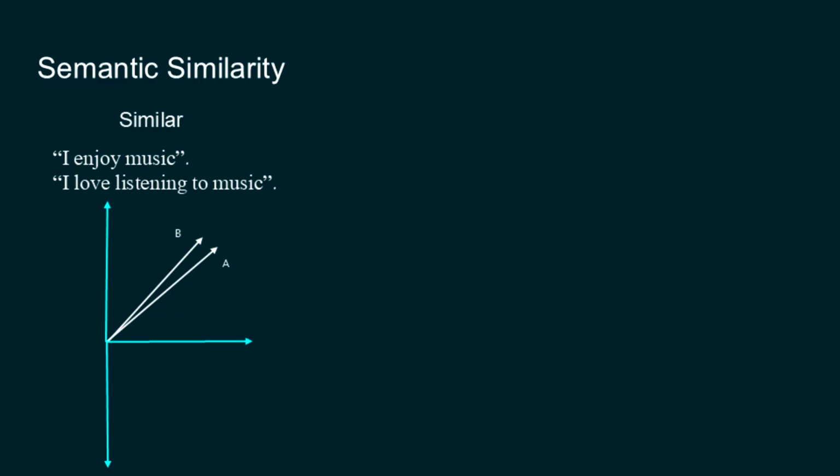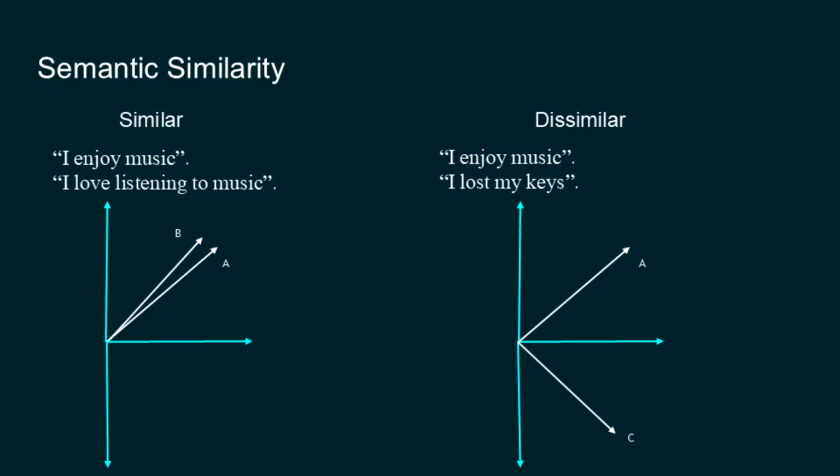For example, "I enjoy music" and "I love listening to music" carry similar meaning. Their vectorized representation will lie closely in the vector space. Whereas for dissimilar sentences like "I enjoy music" and "I lost my keys," their vectors will have a large angle between them in the vector space.